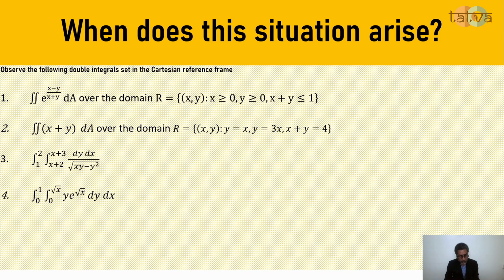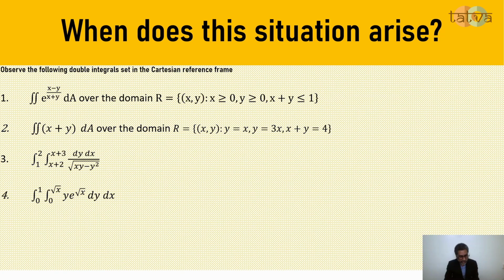Now look at this problem. Limits look simple, but look at that function, y e power root x dy dx. So when you get into the job of doing this problem, you will come across certain difficulties. So there is an element of doubt whether you can handle this directly.